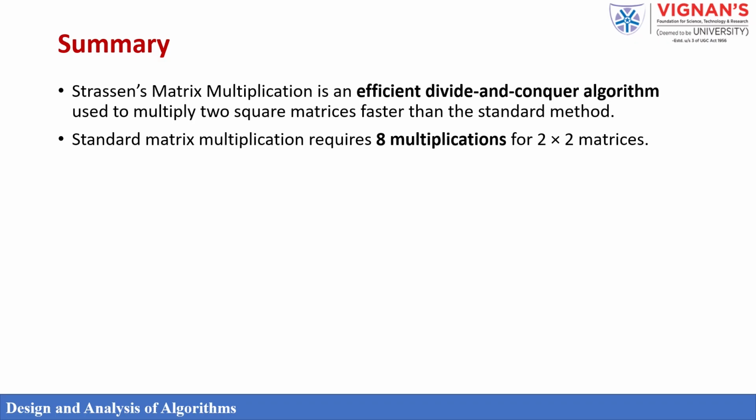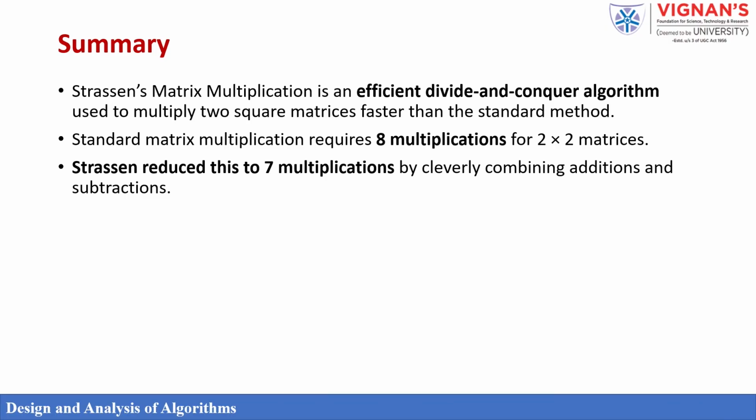Strassen's algorithm reduces this number to 7 multiplications by cleverly combining additions and subtractions. This reduction in the number of multiplications significantly improves performance, especially for large matrices. Hence, Strassen's algorithm is more efficient than the conventional matrix multiplication for large-scale computations.